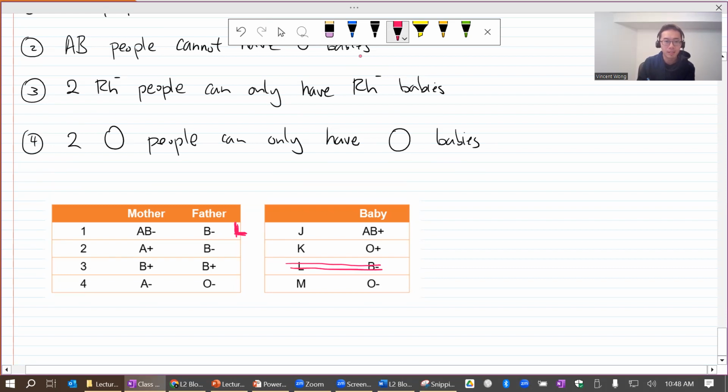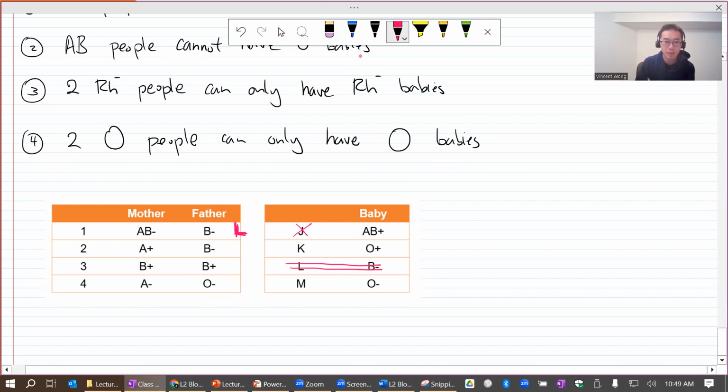All right, only 3 babies left. So I don't want to use couple 2 or 3 yet because I want to use couples that have O or AB in it. Those are the easier ones. So let's say father O. Couple 4, the father is O. Which means J is not their baby, right? The father is negative, the mother is negative, then they can only have negative.